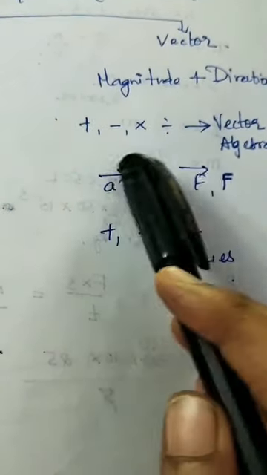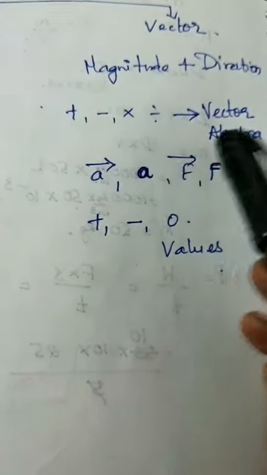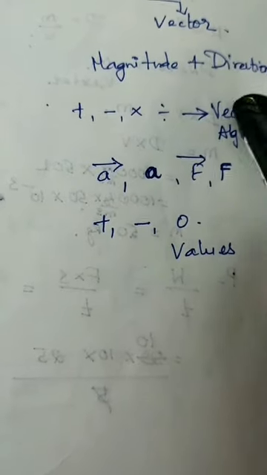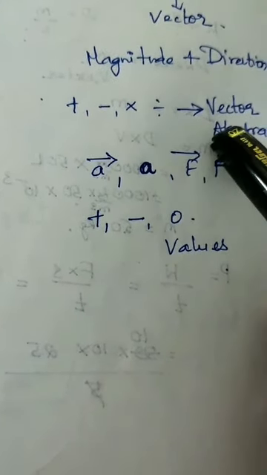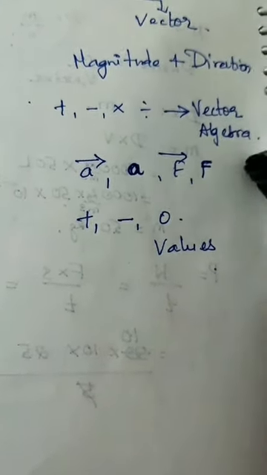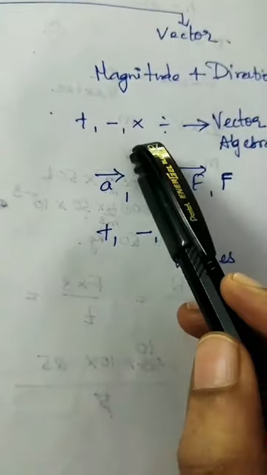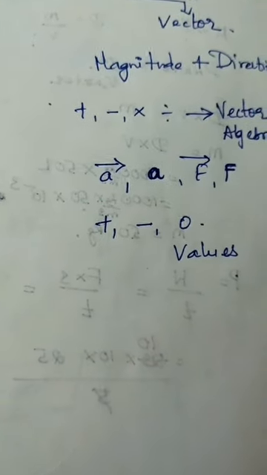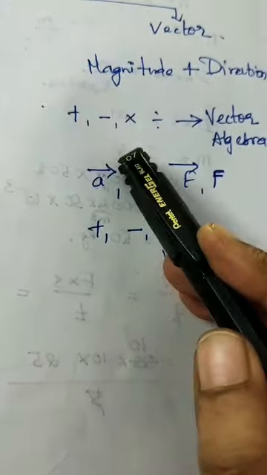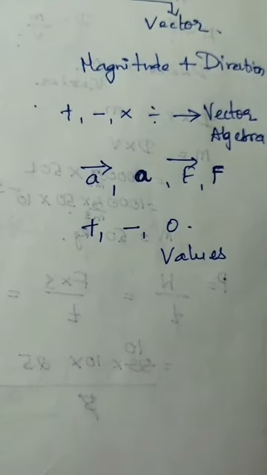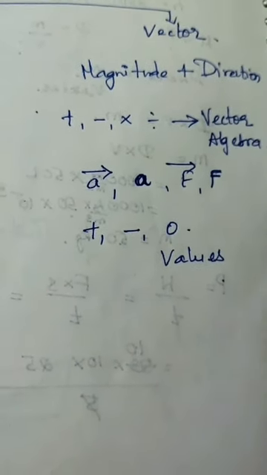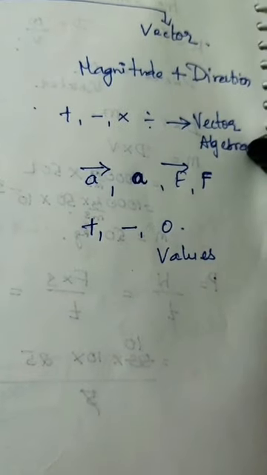All your arithmetic has to follow some rules. It has a special law and it works with vector algebra. You cannot add, subtract, multiply or divide just by normal mathematics. It will have certain laws, we have to follow them, and that is called vector algebra.